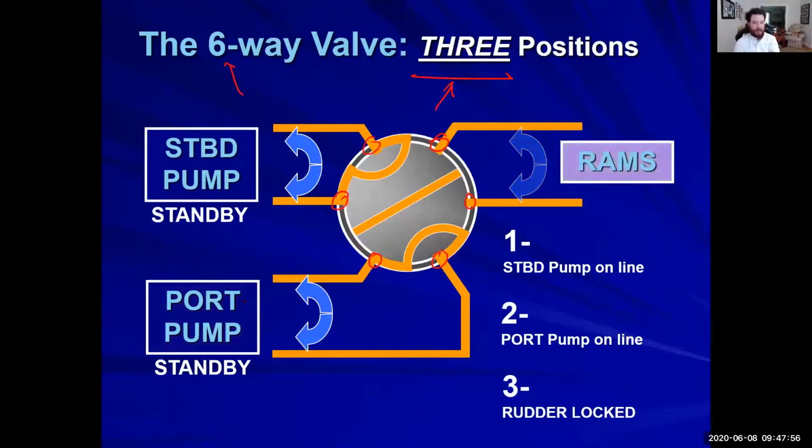All right. You would only use this if you were doing, basically if you were doing work in dry dock, all right, where you didn't want the rams to be moving because you were doing work on the steering gear system.